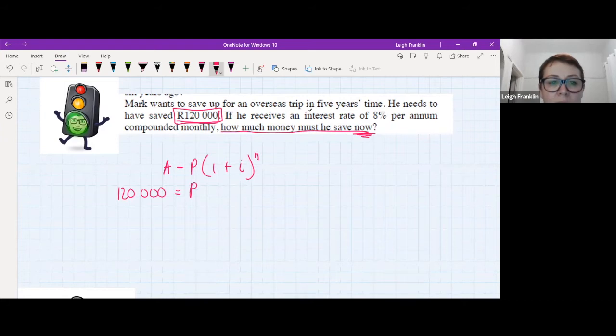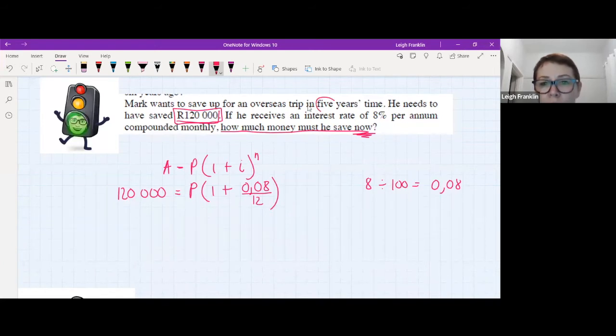That means we need to work out what P is. 1 plus our interest rate, 0,08. Sometimes we write 0,8. Remember, 8 divided by 100 is 0,08. And because it's compounded monthly, it has to be divided by 12. Remember, Mark's going in 5 years' time, so we've got to multiply 5 by 12.